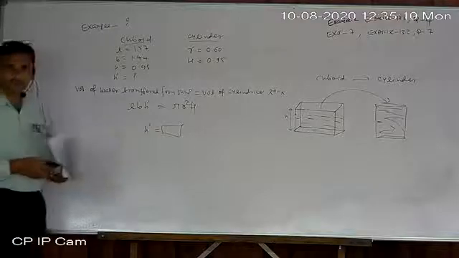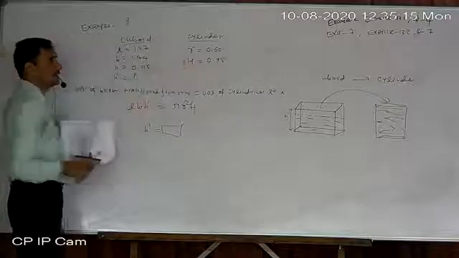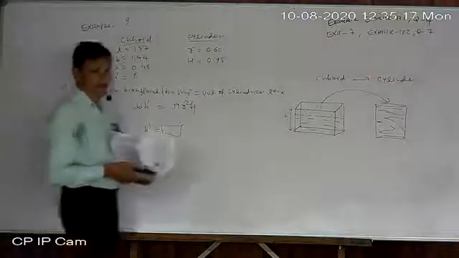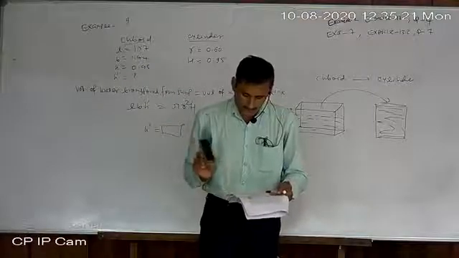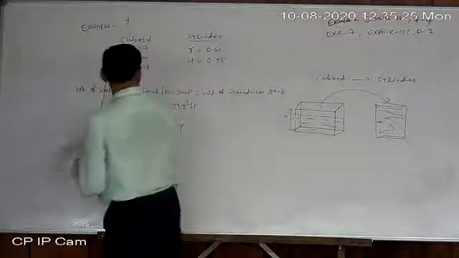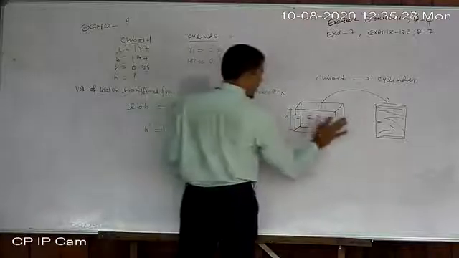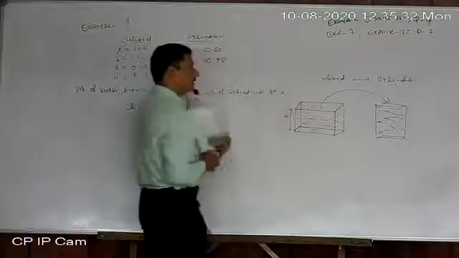H prime is how much height of water is transferred from there to there. Now what are they asking? Find the height of the water left in the sump after filling the overhead tank. So how much height of water is left? Only this much is left.